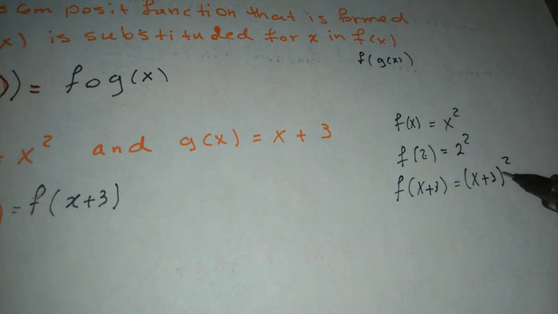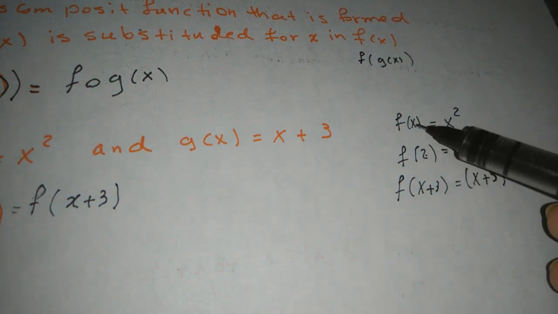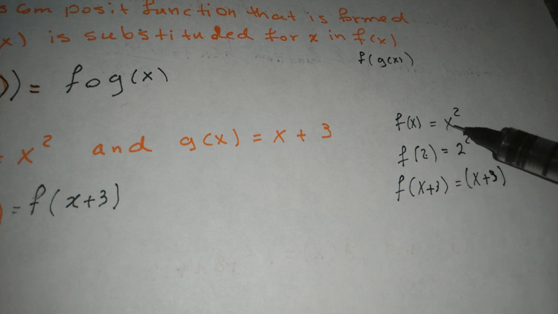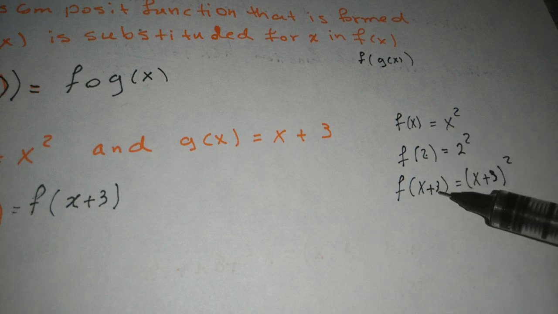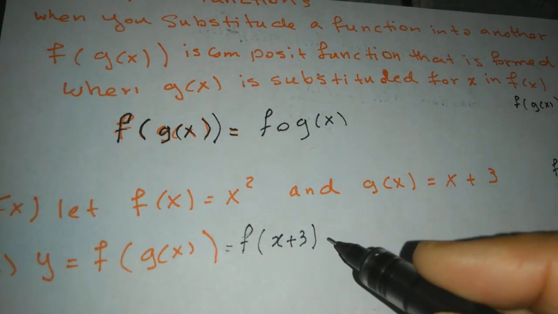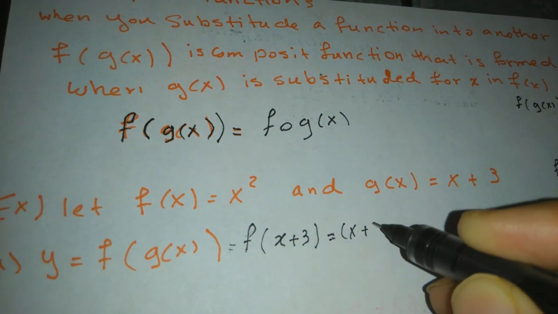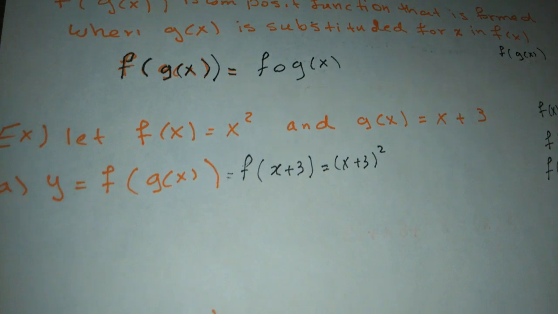There is a power 2 there. Again, f of 2, instead of the x, you put 2 everywhere. f of x plus 3 means instead of the x, you put x plus 3 everywhere. So the answer is going to be x plus 3 power 2.